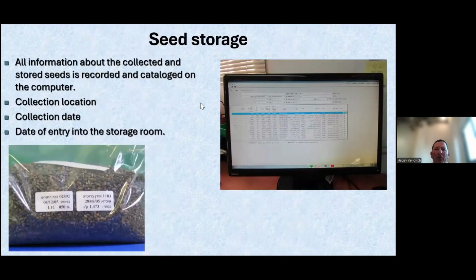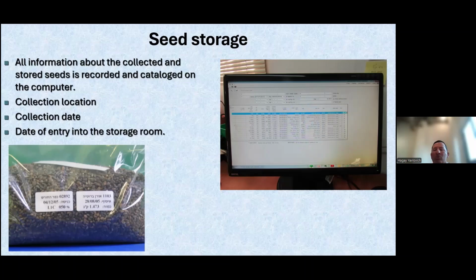Okay, before I put the seeds in the refrigerator room, before I store them, I must record all the information to the computer. We have software that controls all the information about the seeds, which species, what we collected, where we collected, and so on.